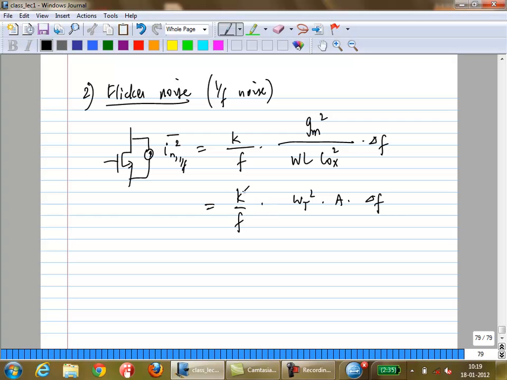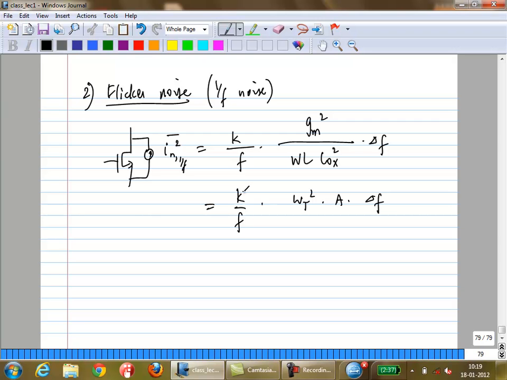This one gives you expressions in terms of omega T and area and so on, but maybe this is the one which might prove useful in general when you're designing circuits. So what do you think you would do? Cox is of course a process parameter. You can't do anything about that. What are the two things you can change? You can change GM and you can change W times L, which is the area.